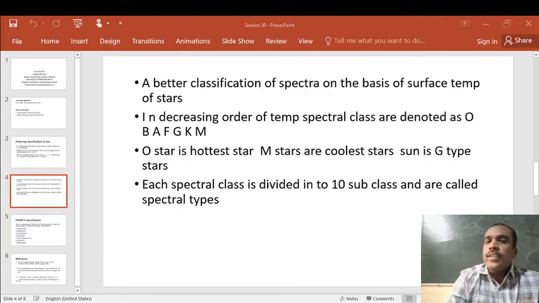The better classification of the spectra is on the basis of the surface temperature of the stars. In the spectral classes, O stars are the hottest and M stars are called the coolest. The Sun is a G type star. Each spectral class is divided into 10 subclasses called spectral types.